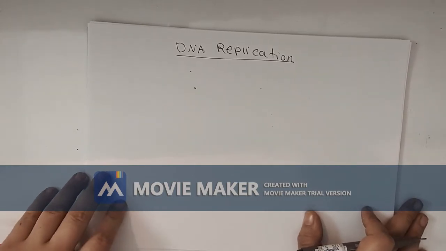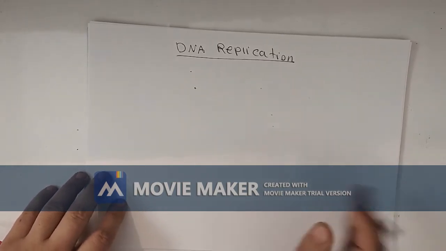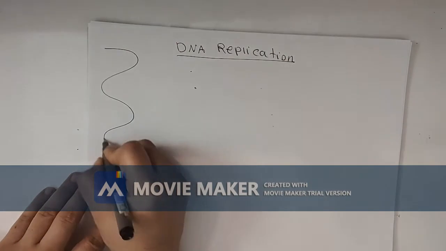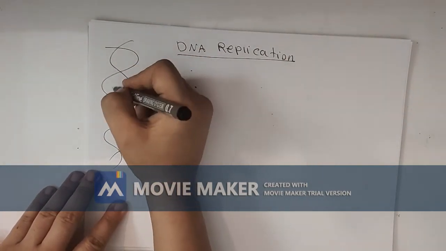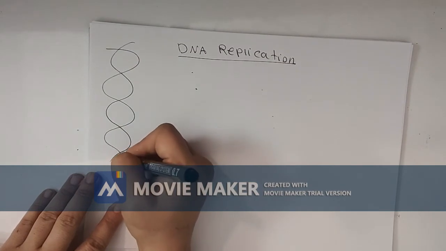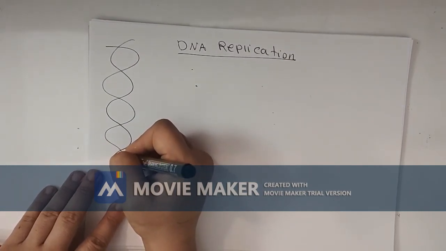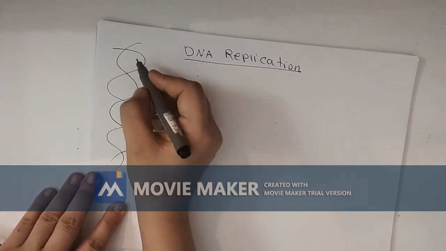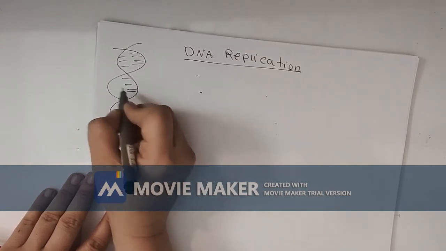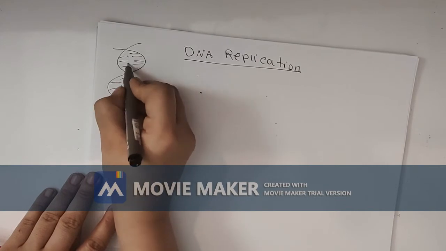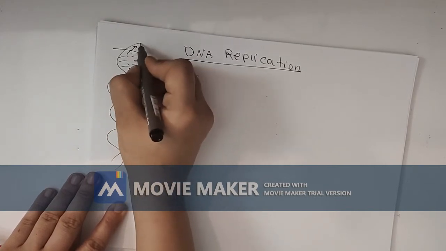I said that the DNA is a double stranded helix like this. And there are nucleotides here. They are joined together by the phosphodiester bond, and here we have bases. The bases are joined together by hydrogen bond.